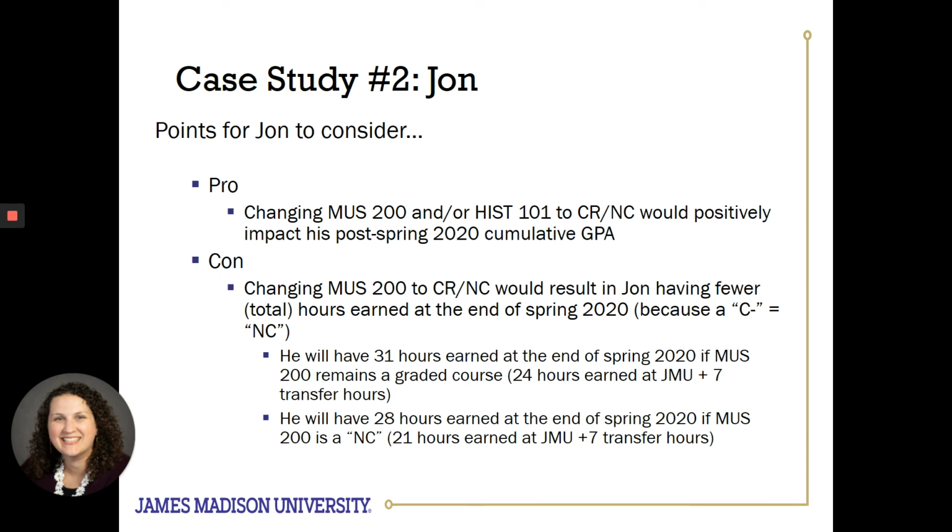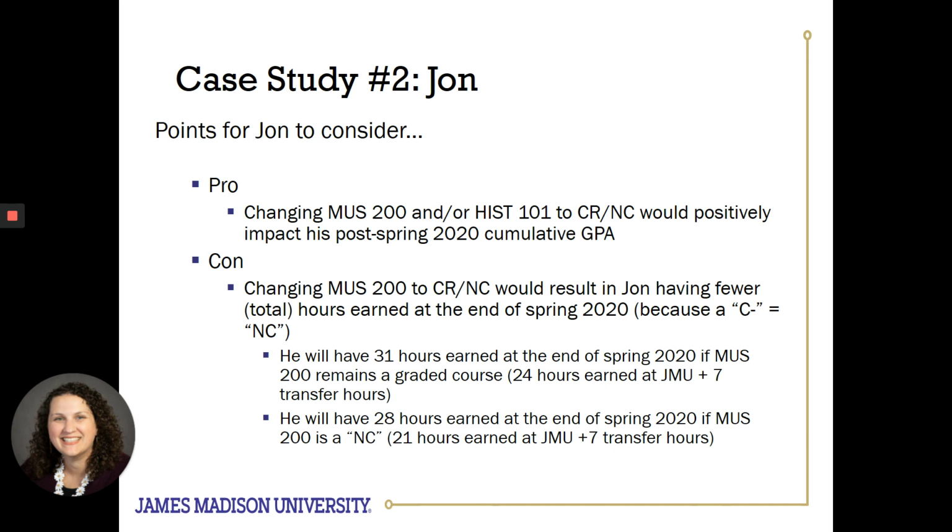With John's case, here are some things to consider. Did the changes that John made by changing his Music 200 and/or History 101 to credit, no credit positively impact his cumulative GPA?